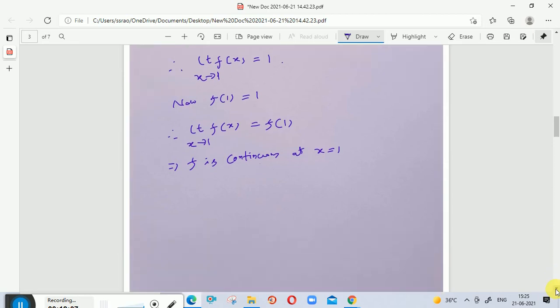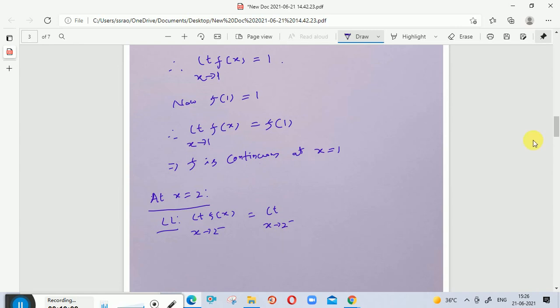Now at x is equal to 2. Here also left limit, right limit we have to find. Limit of f of x as x tends to 2 minus.